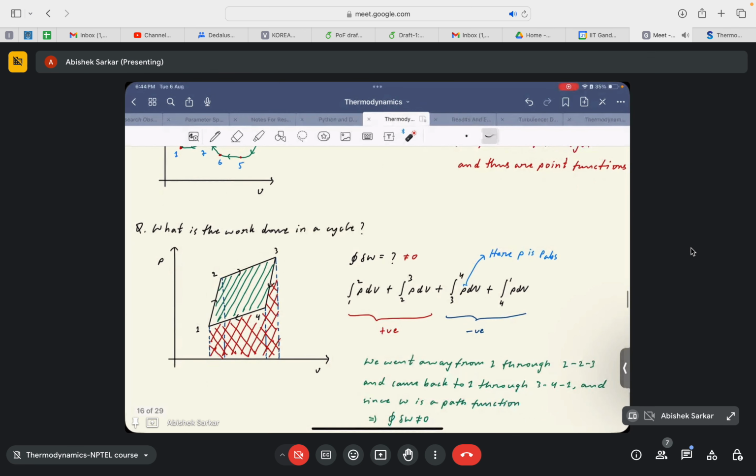Since this is definitely non-zero, the work done in a cyclic process is non-zero. If this part coincides, then it will be 0, but then again it won't form a cycle, right? So the cyclic integral of work done in a thermodynamic cycle is non-zero, since it depends on the path followed to achieve the process.